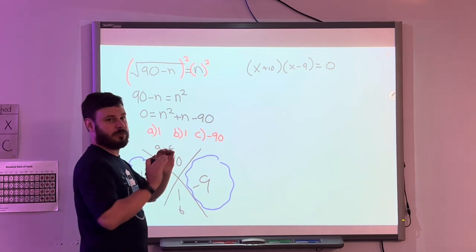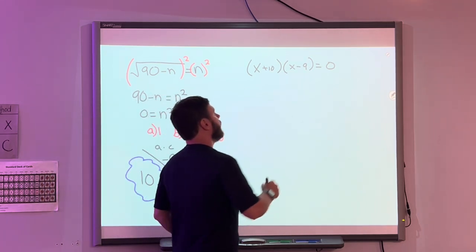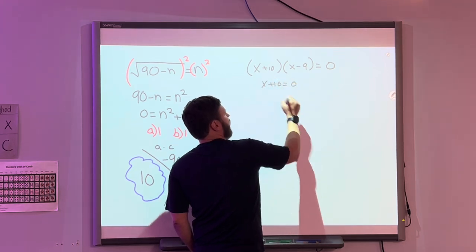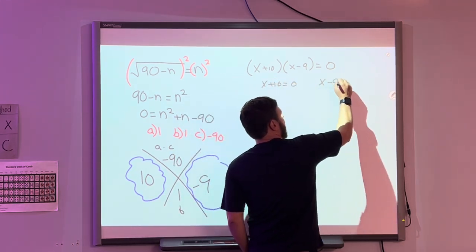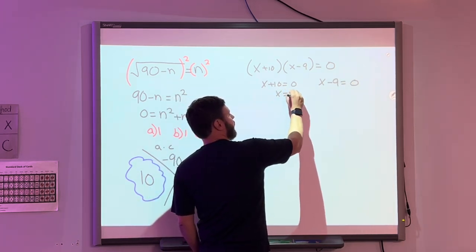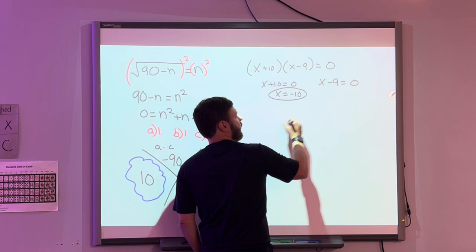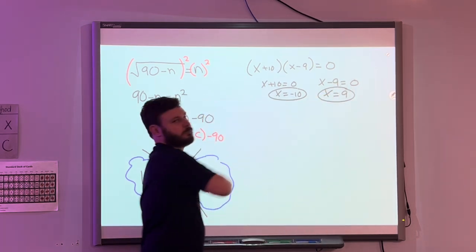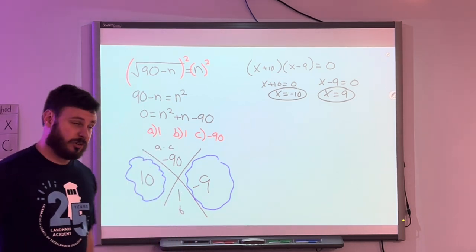I take each parenthesis and set it equal to 0. That will be n plus 10 equals 0, and n minus 9 equals 0. Okay, easy algebra. n equals minus 10. n equals positive 9. Okay, so I have two answers here.